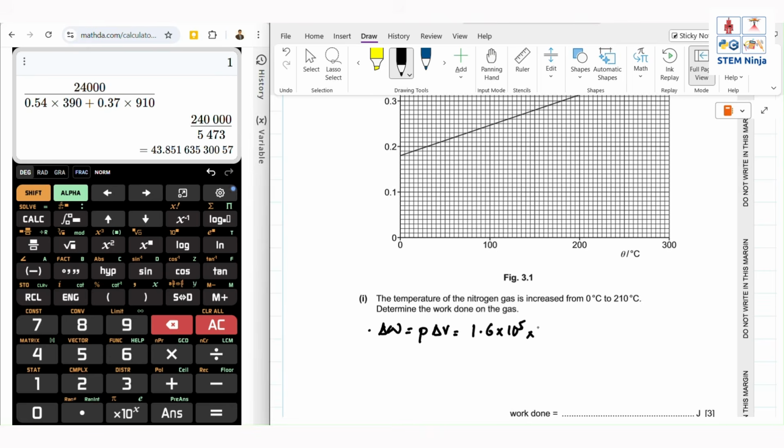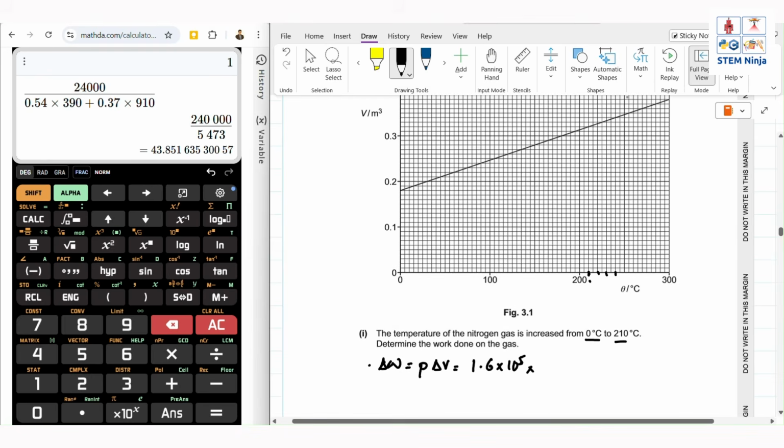And now we need to determine what's the change in volume from 0 to 210. So I think this would be 10, 20, 30, 40, 50. Yes, okay, this is this. And this would be over here. So this is 0.8, I guess.